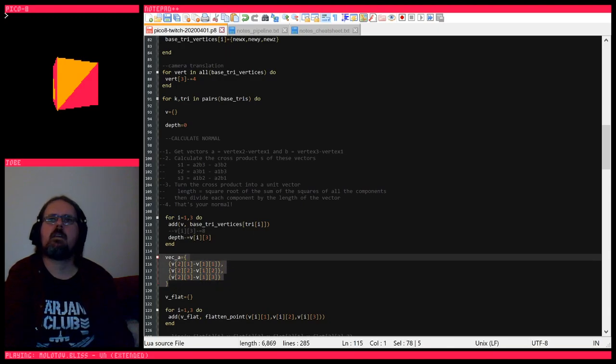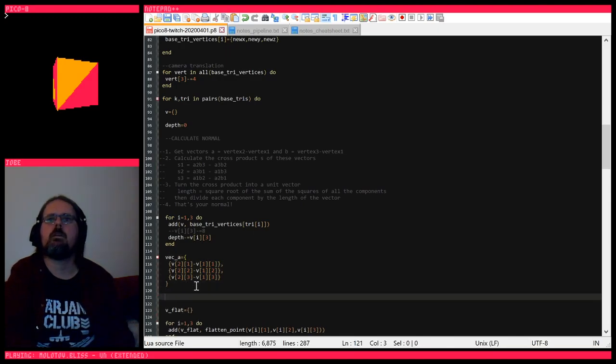And now the second vector is going to be vertex 3 minus vertex 1.